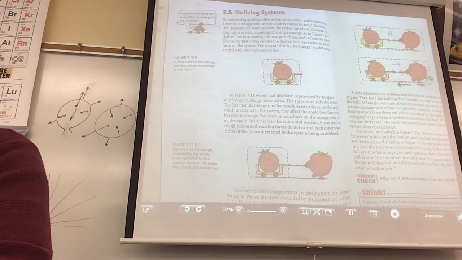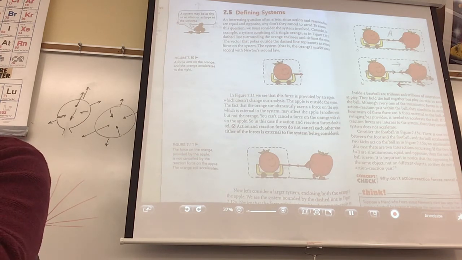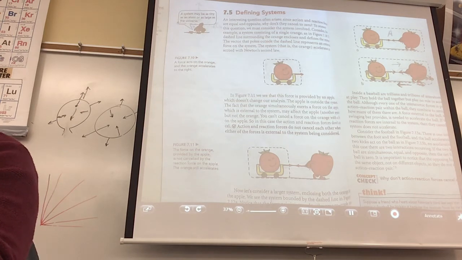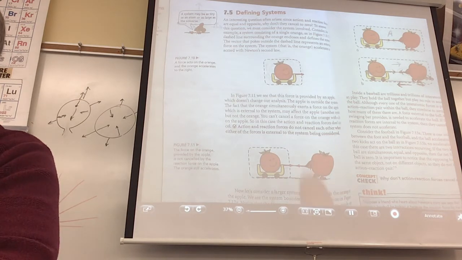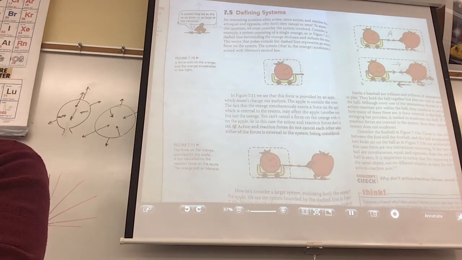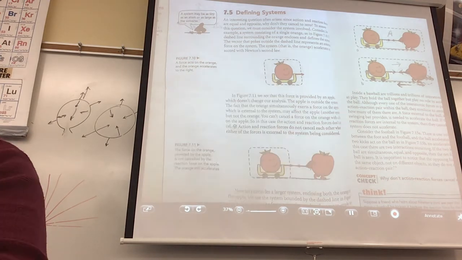But we have this saying, if you ever become an engineer, you'll have discussions with other engineers, and you might talk about things called systems. Now, a system is whatever you define it to be. If I define the system to be just the orange and another system to be the cart, then I have two different systems, right?